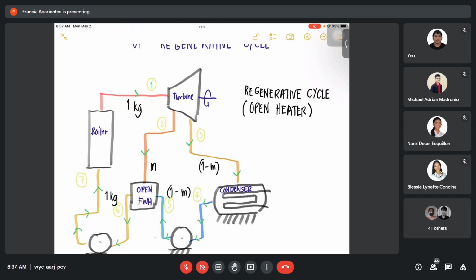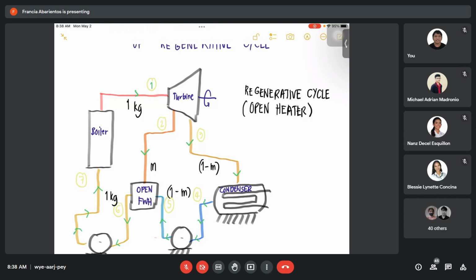So, we need to produce more work by expanding further in the turbine. So, we use to heat the feed water instead. Okay? Yung feed water dito kasi sabi ko, from the turbine, high pressure, high pa din yung steam natin. So, mainit pa yung temperature din natin, higher temperature.